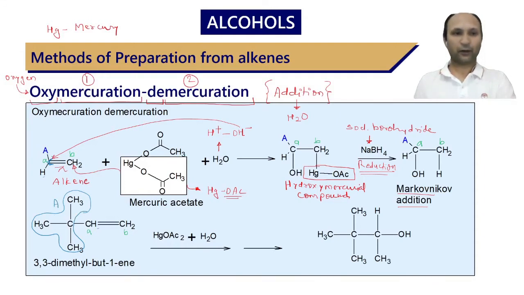Okay, so now you will see that in the general reaction there was no change in this A. So for our reaction with this reactant we can safely draw this A moiety.